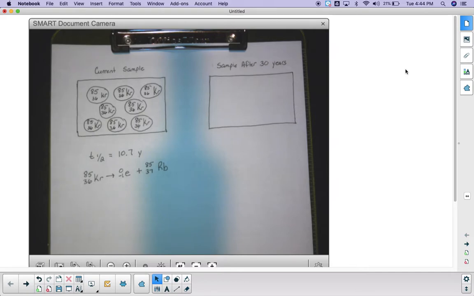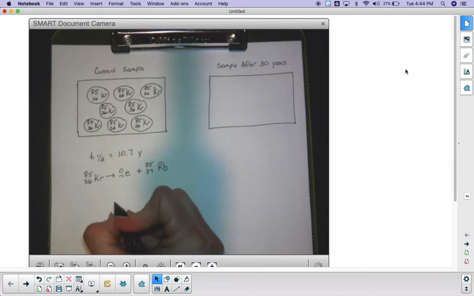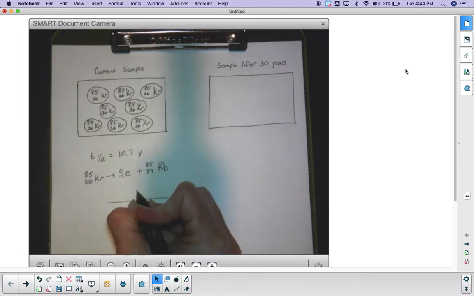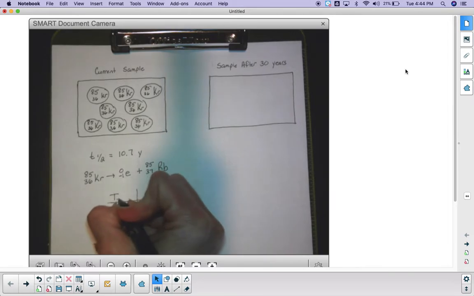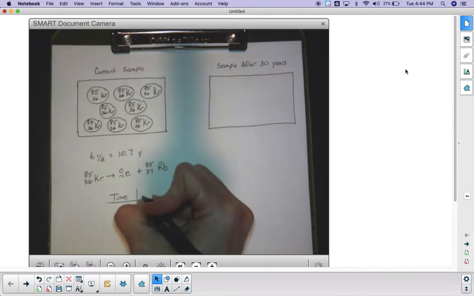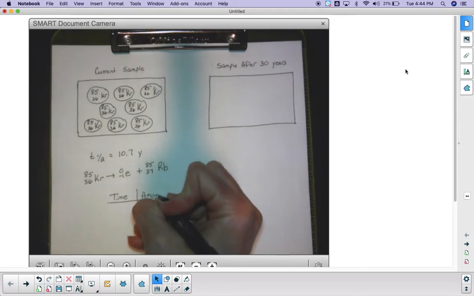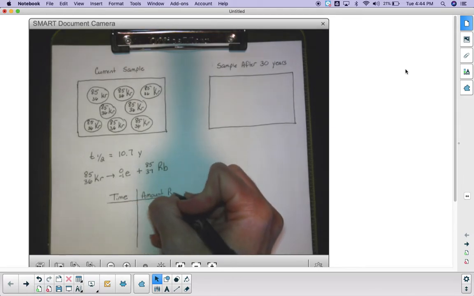Now I need to figure out how many kryptons and how many rubidiums are going to be left after 30 years. I'm going to create what's called a half-life T-chart. Time and amount remaining.